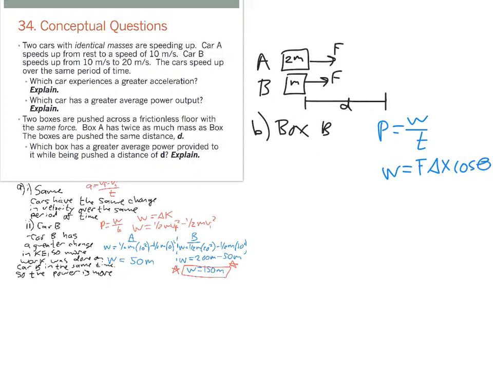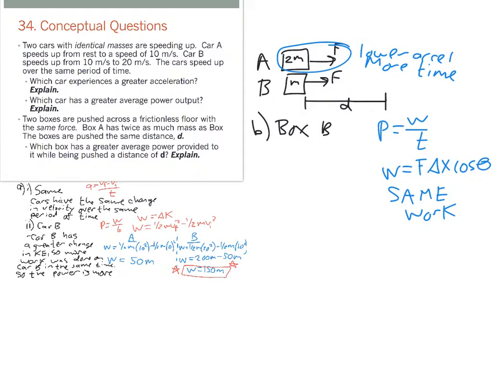Because these two boxes have the same force acting on them, they're pushed over the same distance, and the angle is 0 in both cases, so cosine of 0 is 1. They're going to have the same work being done on them. It's the same force and same distance, so the same work is going to be done. However, box A has twice as much mass, which means it will have a lower acceleration, and that means it's going to take more time to push box A across the floor.